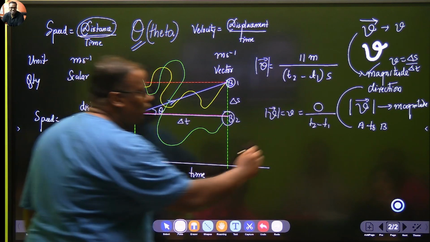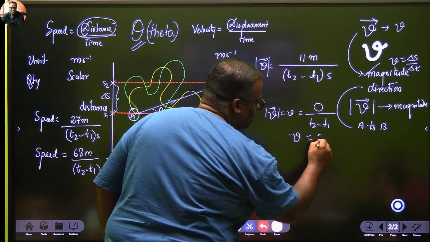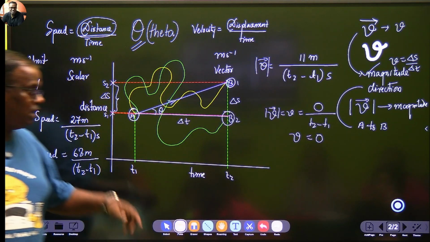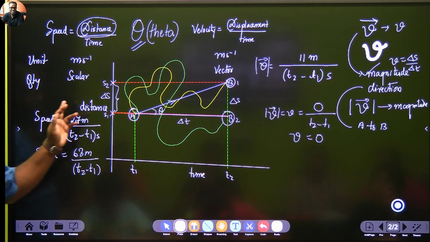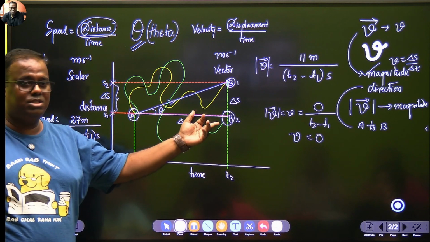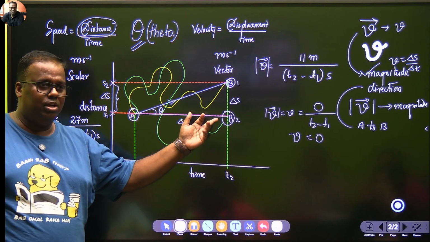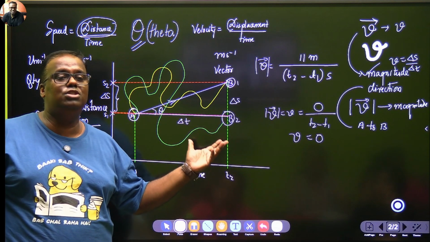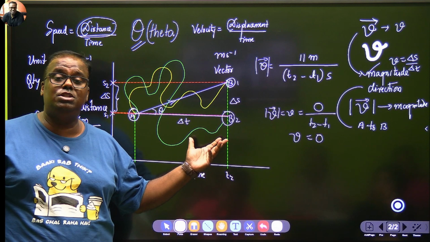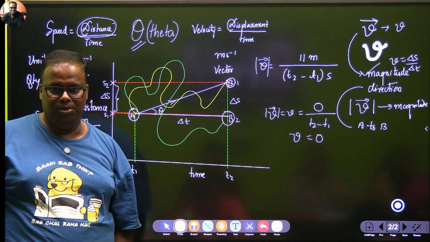So the value of velocity is how much? 0. This gives us the first difference: speed can never be 0 because he has covered some distance to go here. Speed cannot be 0, but velocity can be 0.